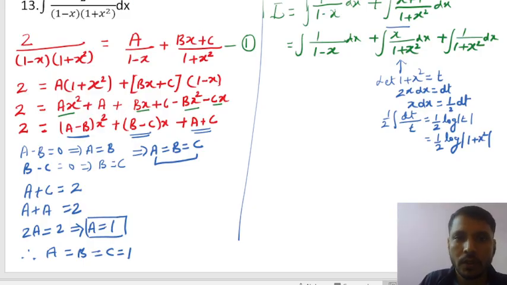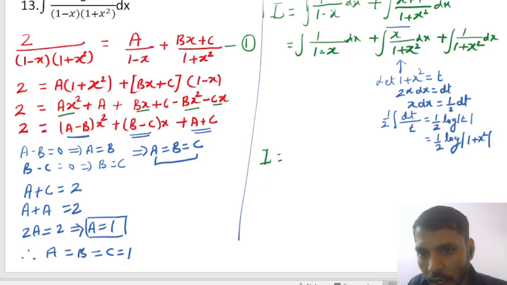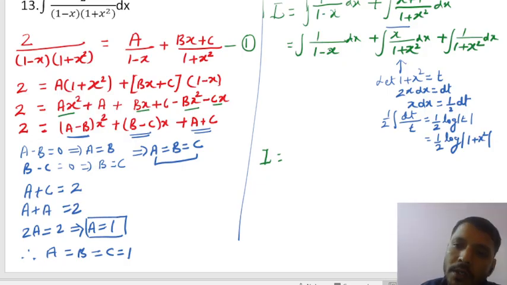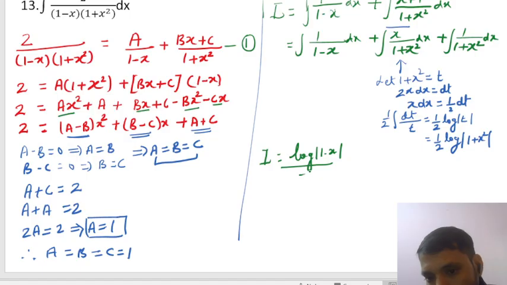Now we can write the final answer here. I will be equal to, finally, the first term's integration. Since minus x is there, the coefficient of x is minus, so we have to be careful when writing the log. Here we will write log mod 1 minus x, but because of the coefficient, a minus 1 will come.